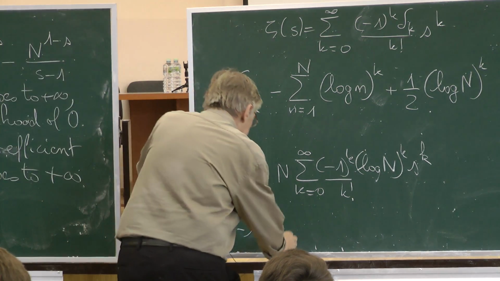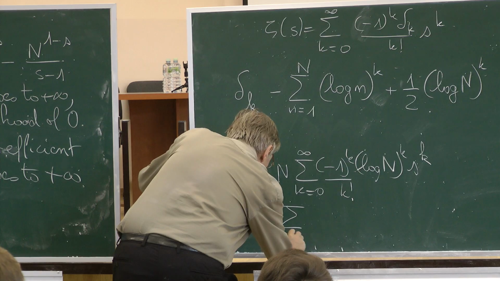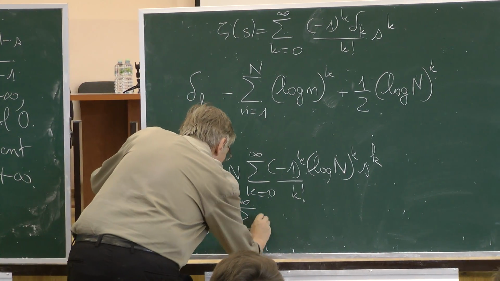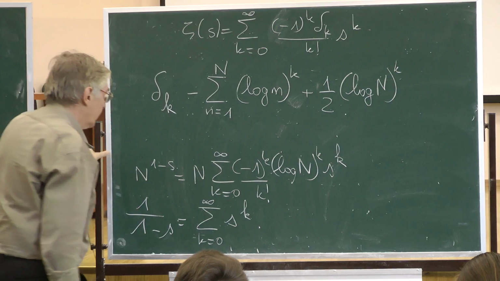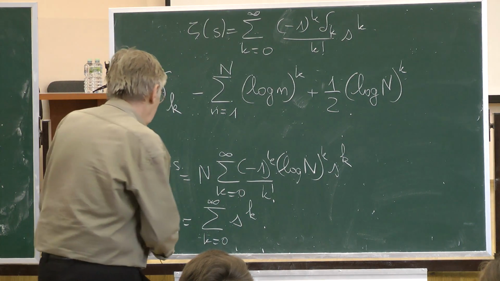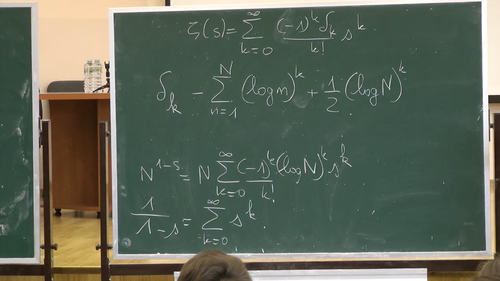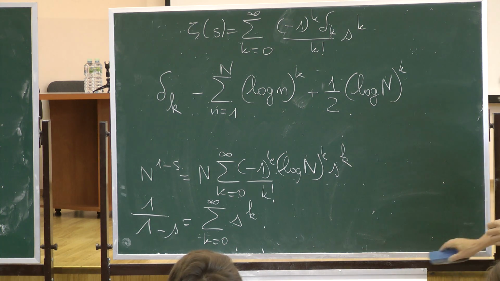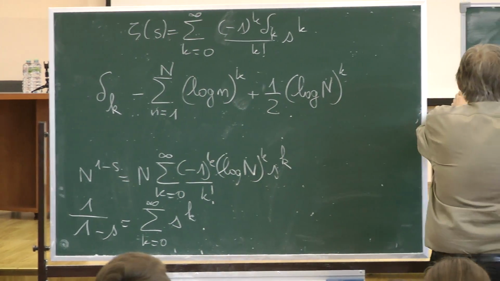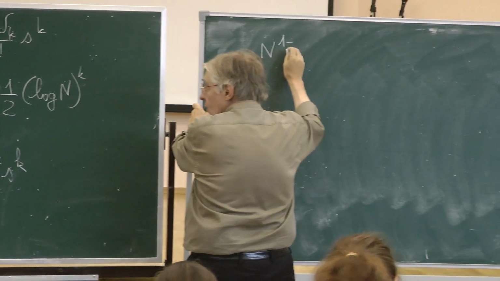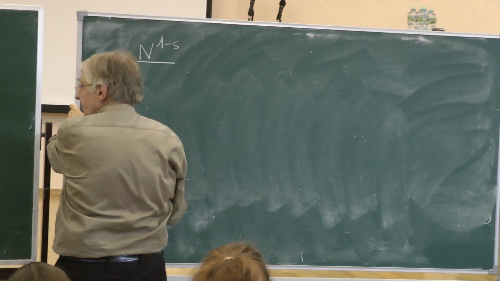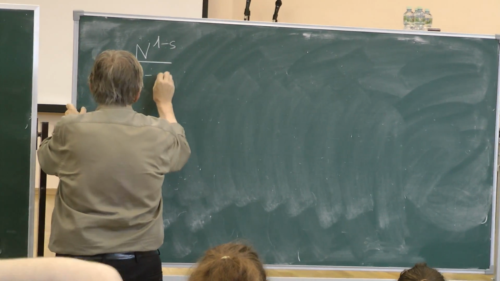When I expand this near 0, it is just the sum for k going from 0 to infinity of s to the power k. And therefore, when I multiply the two, I get N to the power 1 minus s divided by 1 minus s.